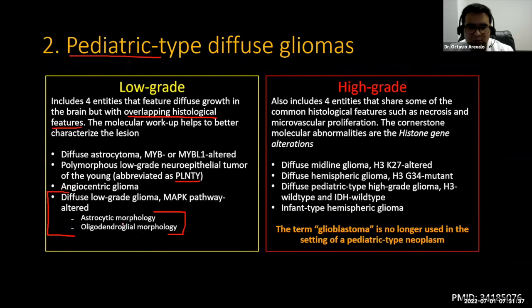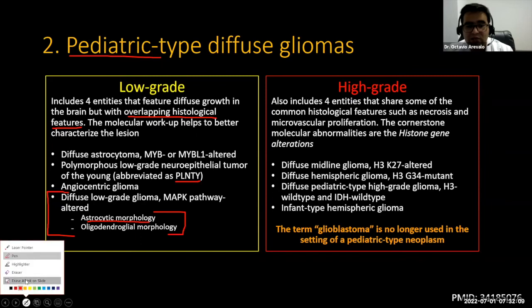And the astrocytomas of the kids, all of them are IDH wild type, and they do not behave as glioblastoma. So that's why if you have an IDH wild type glioma in an adult that doesn't meet the criteria for glioblastoma, then you have to take a look into the astrocytic morphology tumors of the kids. So this is very important for you to understand that.